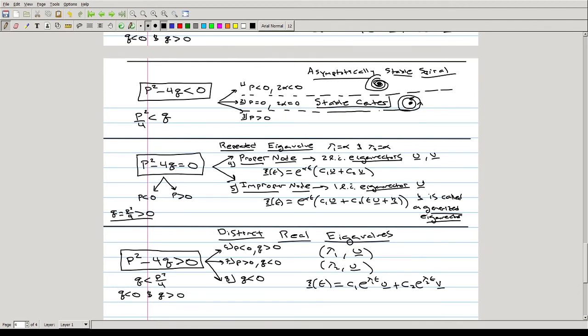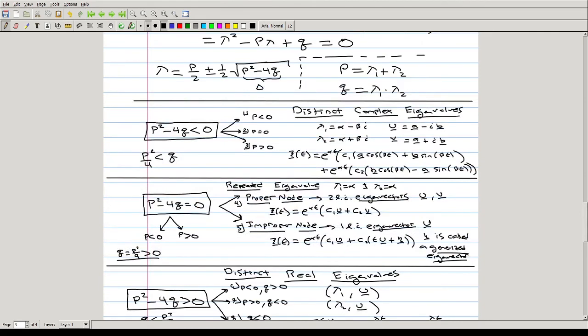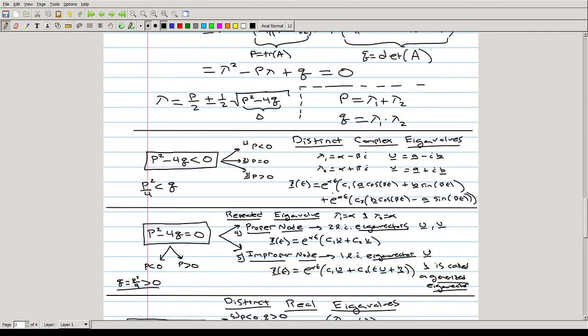And the third possibility that we have here is called an asymptotically, or just an unstable spiral. Because of the fact that alpha will be positive, any solution will be growing without bound and spiraling away due to the fact that the eigenvalue alpha is positive, so these are exponentially increasing.